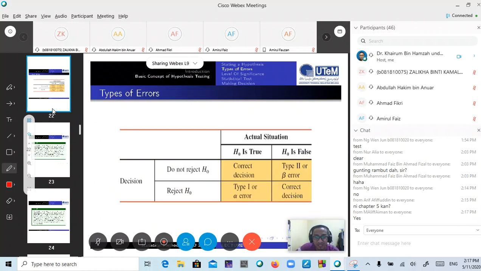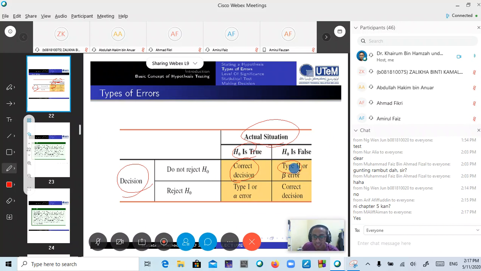So you can refer to this table. Okay, this one is our decision. The decision is based on our calculation, but this one is the actual situation. Okay, do not reject H0, correct decision, do not reject H0 means that H0 is true lah. So kita tak reject, correct decision, tapi H0 is false, tapi kita tak reject dia.